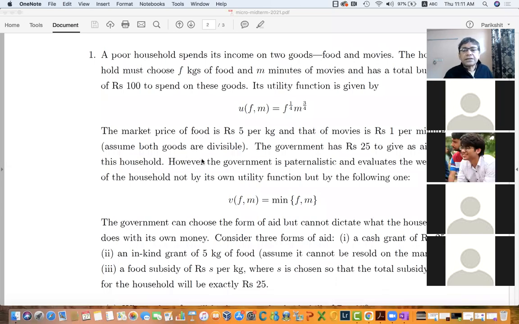Excuse me, sir. Yes. Sir, in the problem set, there was a question, which form of grant is more economically efficient? It was written, you have to analyze, was it distortionary subsidy or lump sum cash transfer? So, sir, in that, I was getting utility numbers different.